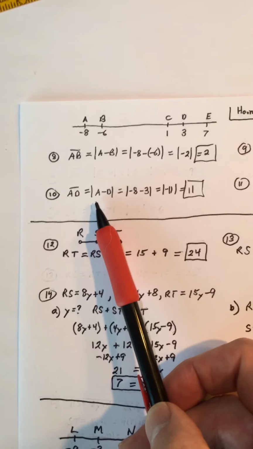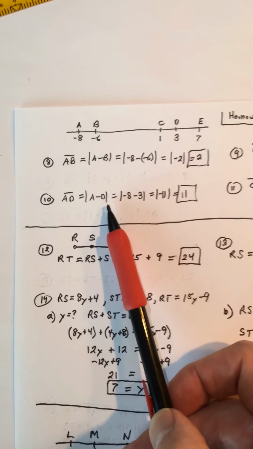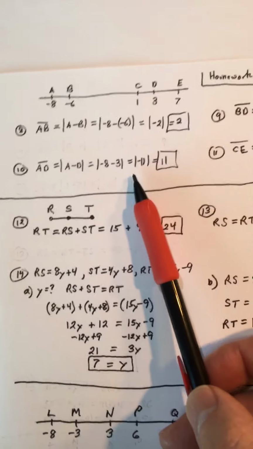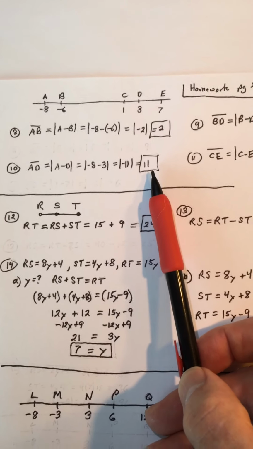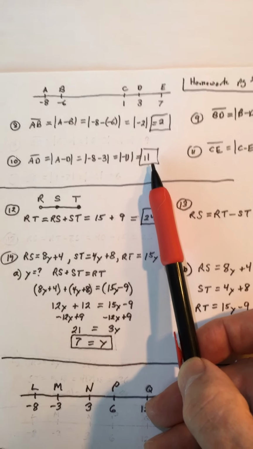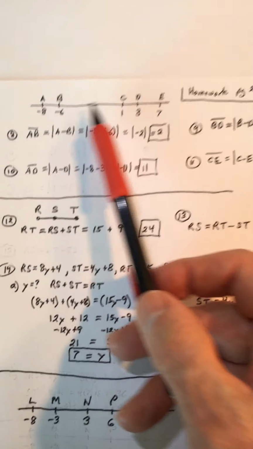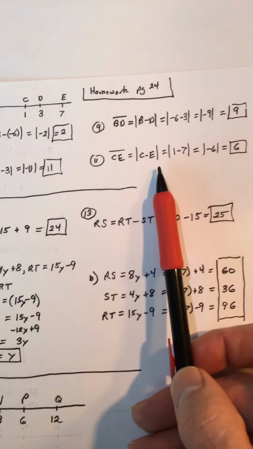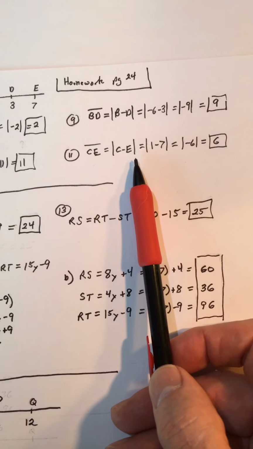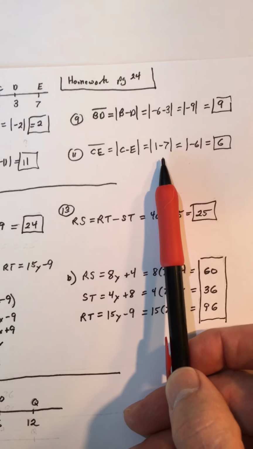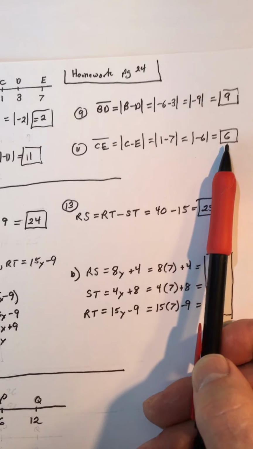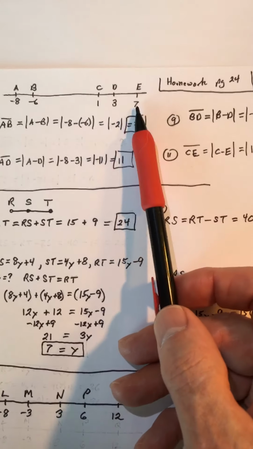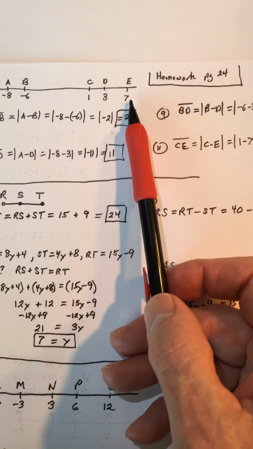For number 10, AD is equal to absolute value of A minus D, which is -8 minus 3, which is a -11, or an absolute value of 11. And that's the distance between A and D. Question number 11, we have CE. C minus E is the absolute value of 1 minus 7, which is absolute value of -6, which is 6. C to E is a 6.